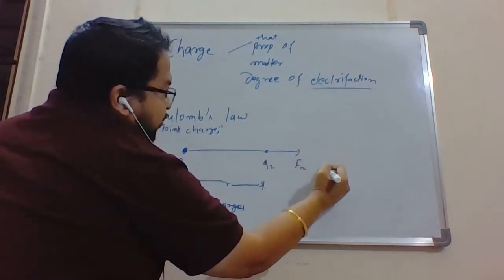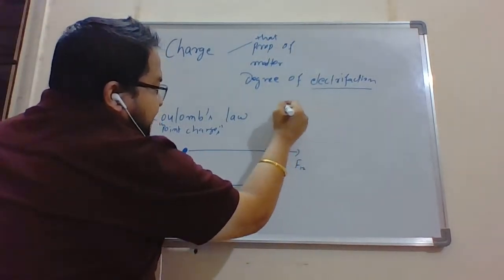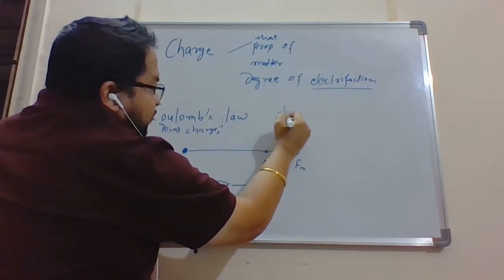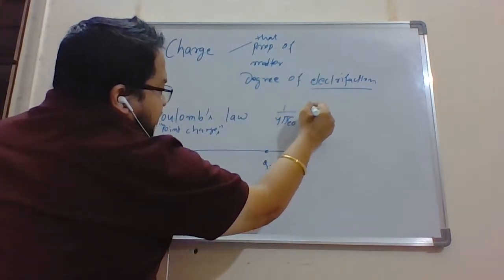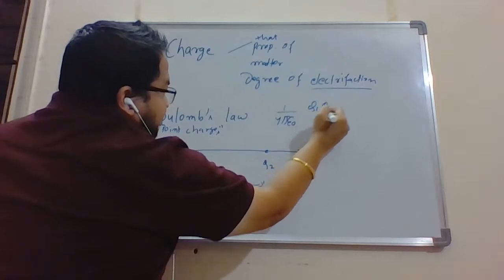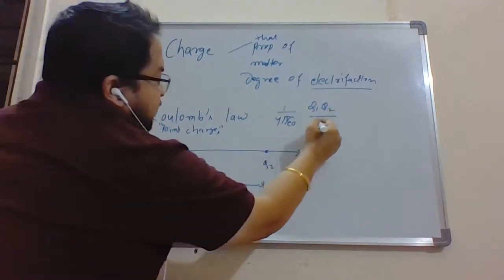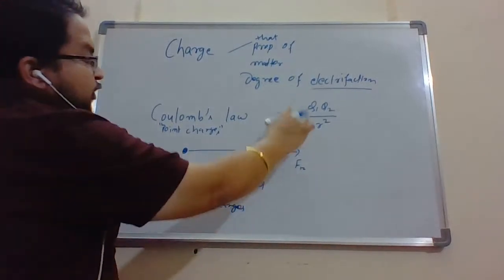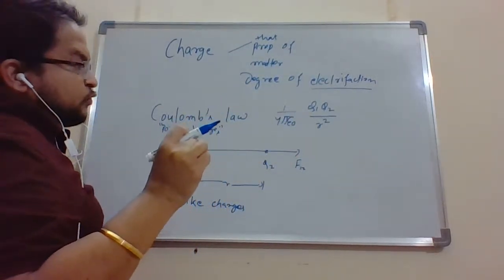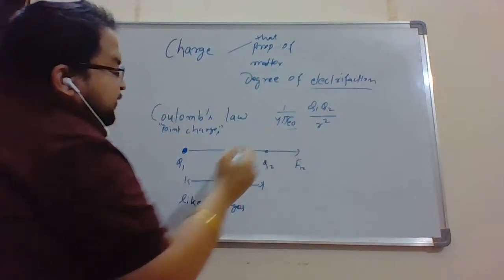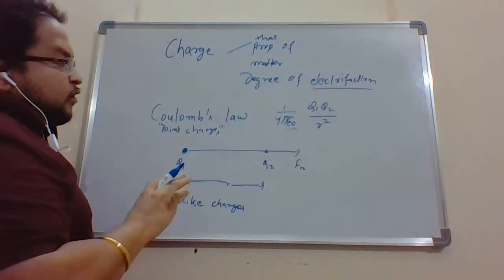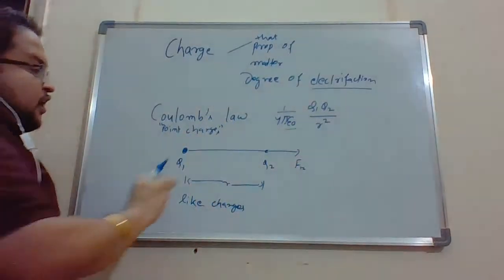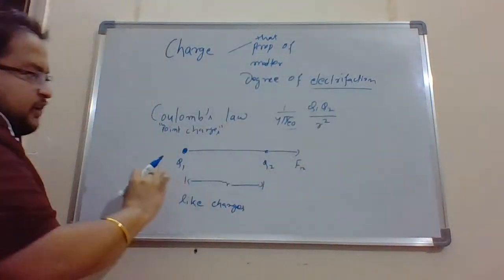And this F12 in Coulomb's law was defined as 1 by 4 pi epsilon naught times the product of the magnitudes of both the charges by the square of the distance, right? This is why it is also called the inverse square law, where epsilon naught is nothing but the permittivity of free space, right? So we have understood these points, right?